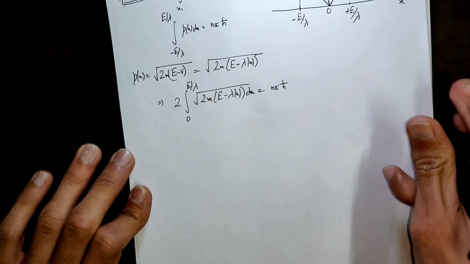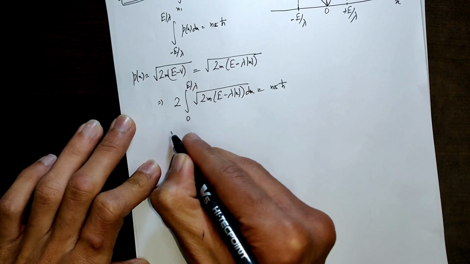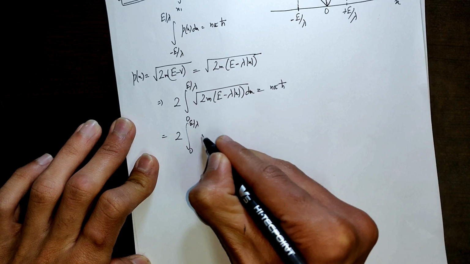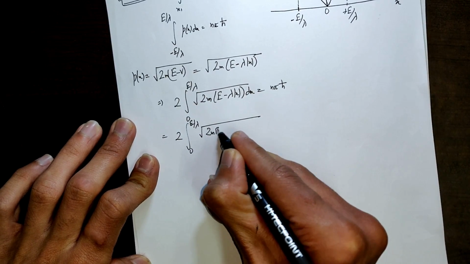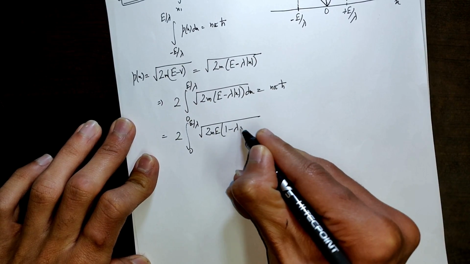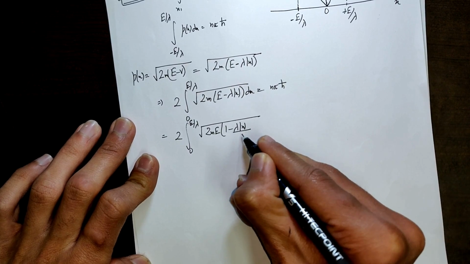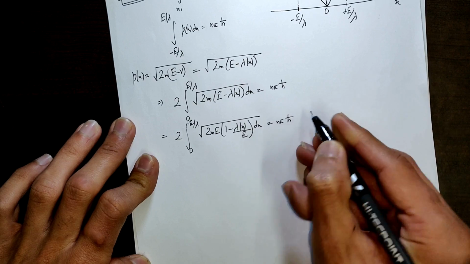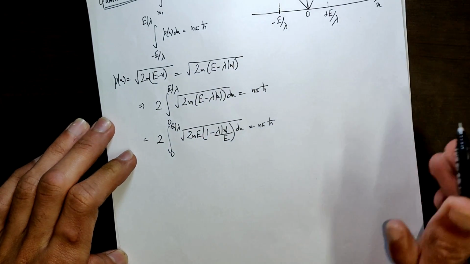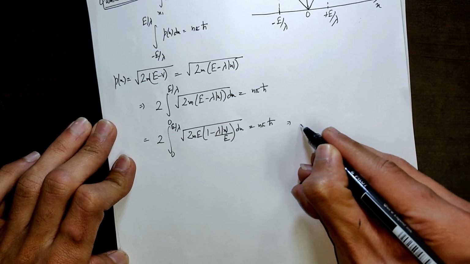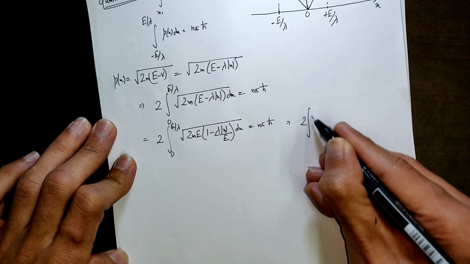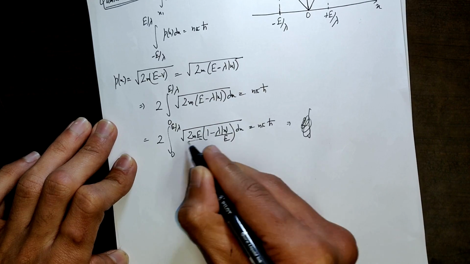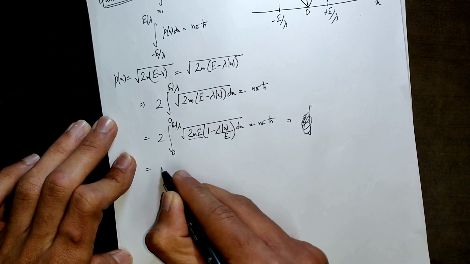Now we can take E common, so under root 2mE, taking E common, (1 minus lambda mod x by E) dx equals n pi h cross. So this would come out to be twice the integral, or we can take root 2mE outside the integral.